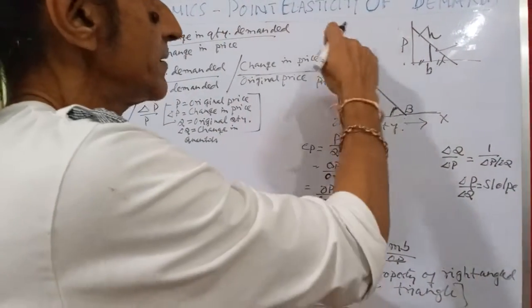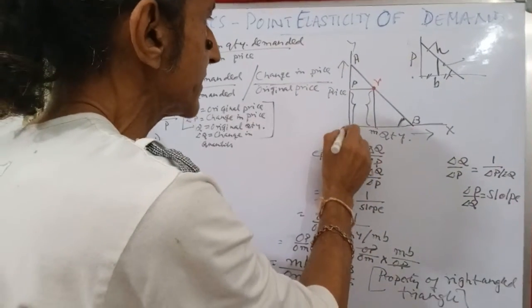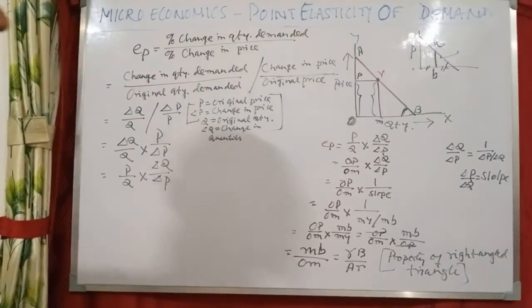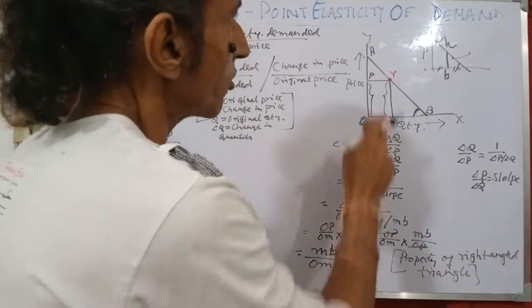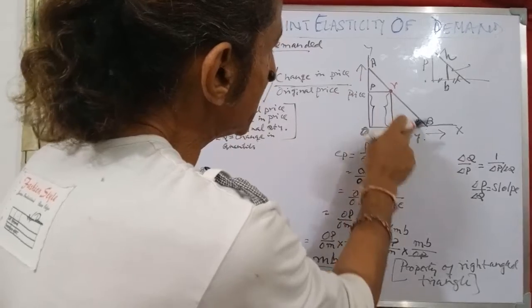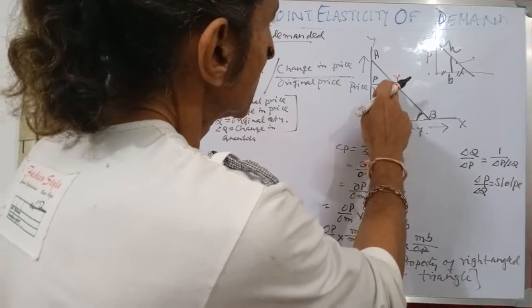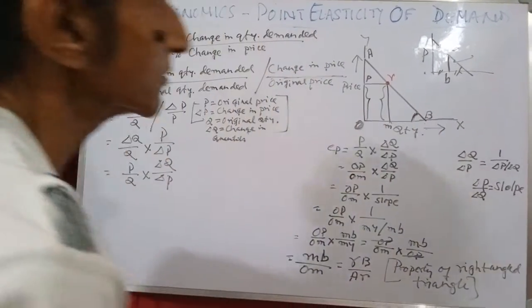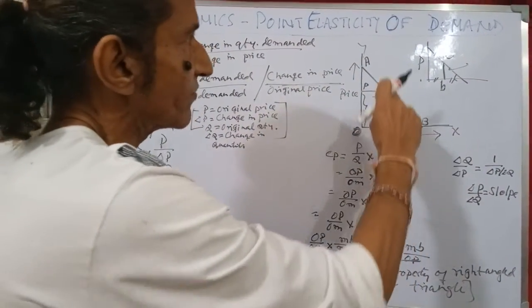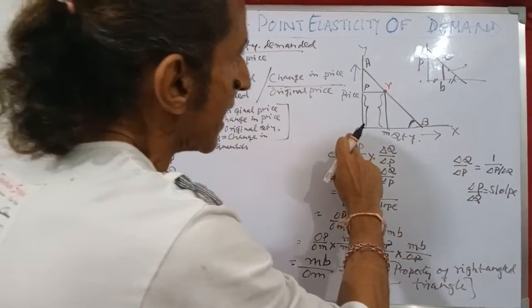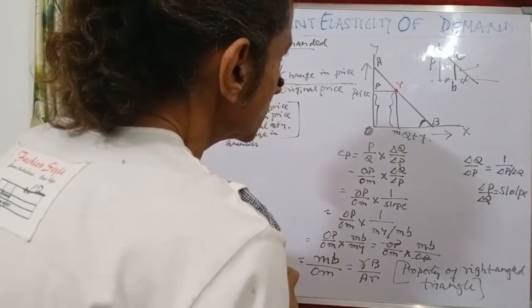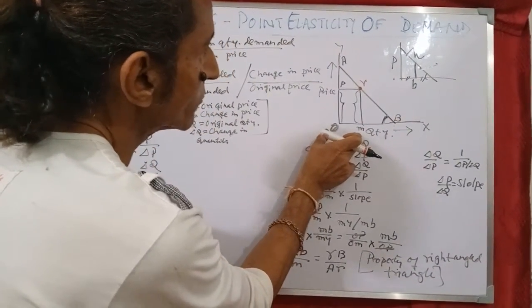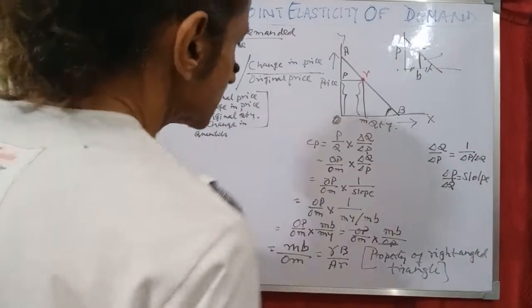In a right angle triangle, ABO is a right angle triangle, and RM is a perpendicular from point R which is on AB, that is hypotenuse. RM is perpendicular on OB, that is base. So RM is bifurcating AB and OB in same ratio. So MB by OM will be equal to RB by AR.